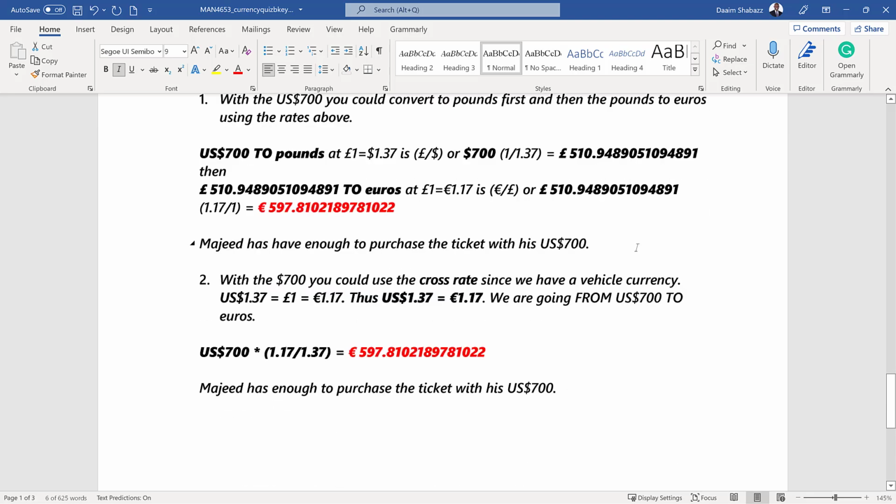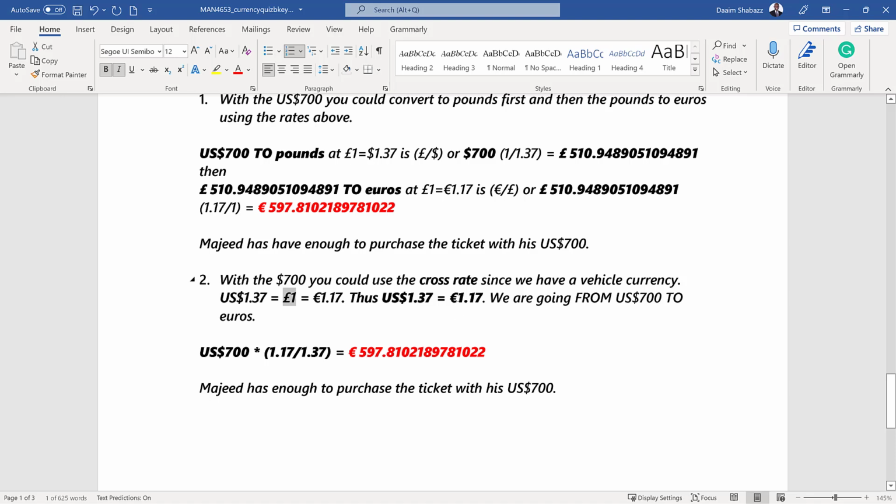Another way you could have done it was to use the cross rate, to use the pound as the vehicle currency, and to discover how much $1 is equal to in euros. The way to do that is to use the pound as the vehicle currency, and you're going to euros from dollars.